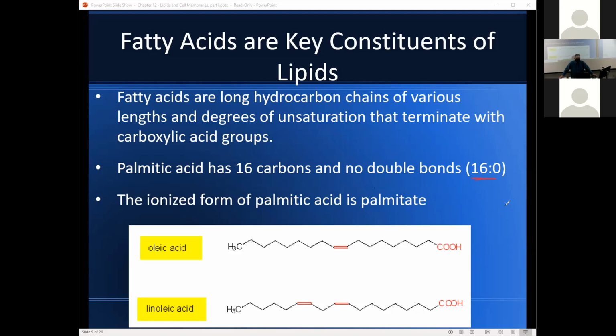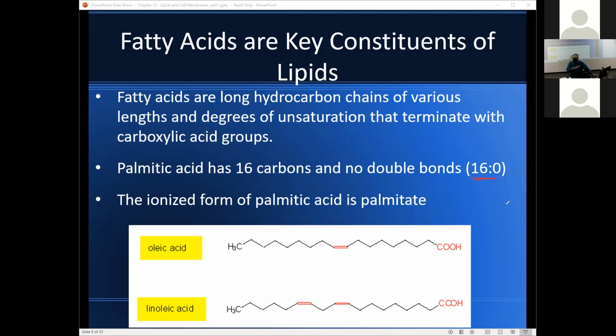Remember I told you that when we look at the amino acids, like aspartic acid, for example, when the carboxyl group of the side chain is protonated, we refer to it as aspartic acid. If that carboxyl functional group is deprotonated, then we refer to it as aspartate. So aspartate is the ion that's made when aspartic acid is deprotonated.